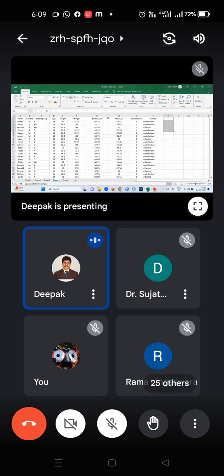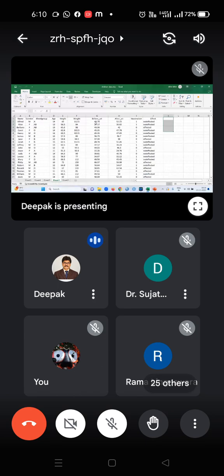Now, what are variables? Variables are the values which change from one observation to another, or one subject to another subject. There are 39 subjects. All rows represent subjects and all columns represent variables. These variables are classified into qualitative variables as well as quantitative variables.